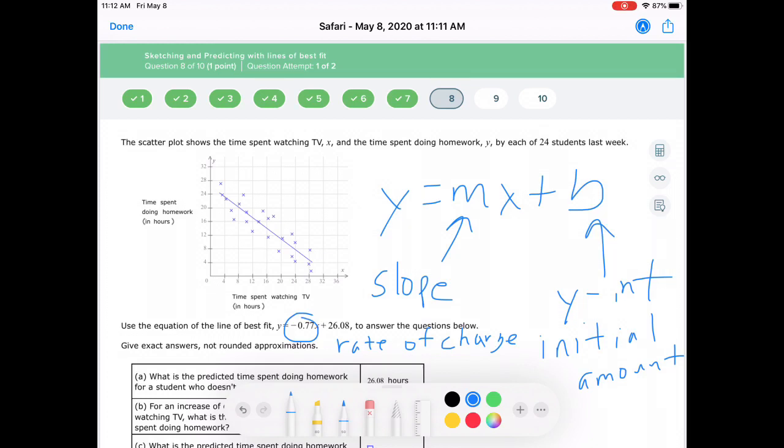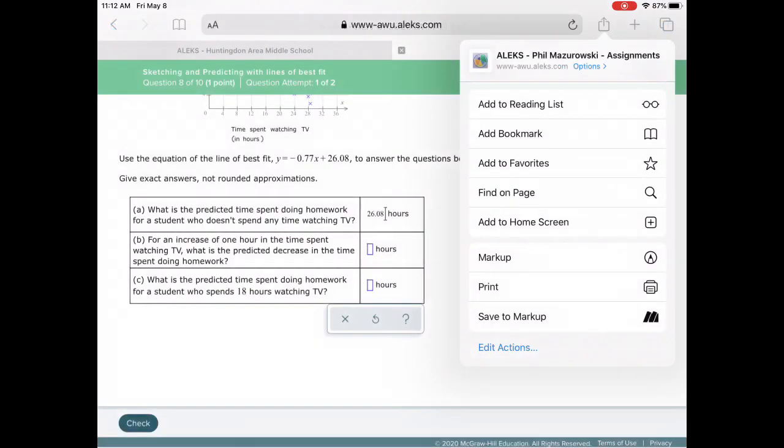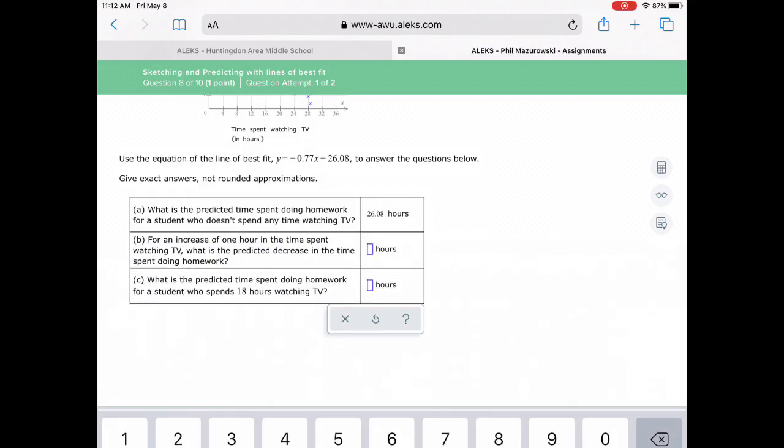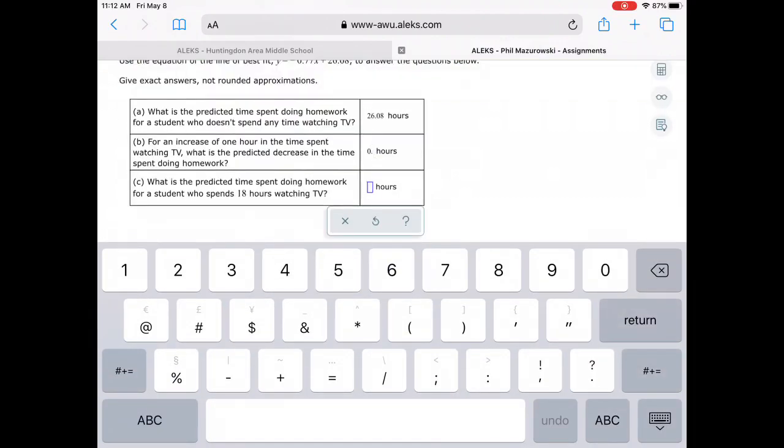So every time we spend an extra hour watching TV, we spend 0.77 hours less doing homework. So that's how we would answer this next question: 0.77. We don't need to put negative here because the question already says what is the decrease going to be. So they already took that into consideration, so we're going to keep it just 0.77.